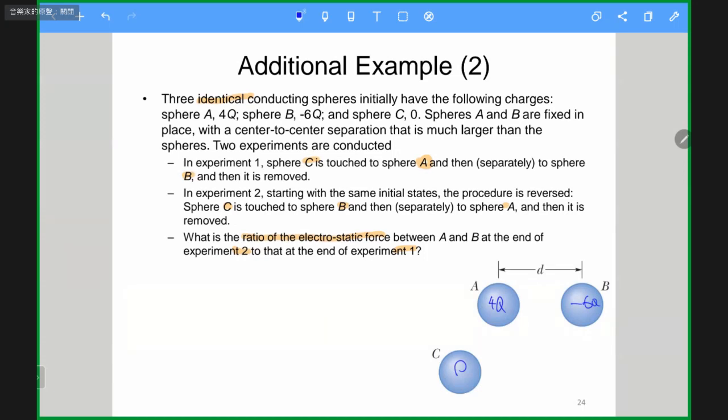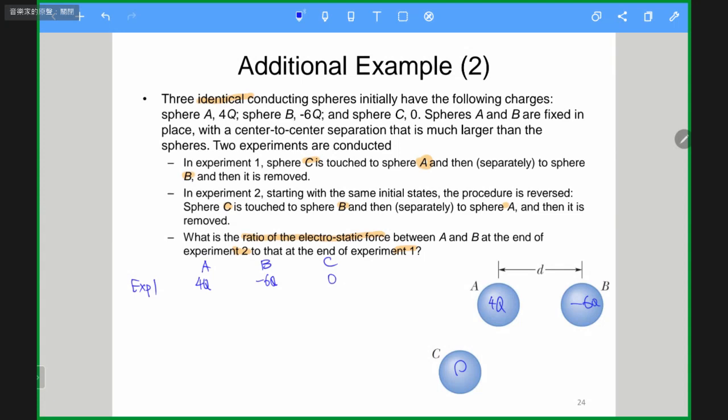So let's try to write A, B, and C, and first we consider experiment 1. At the very beginning, A has 4Q, B has negative 6Q, and C has 0. This is the initial setup.